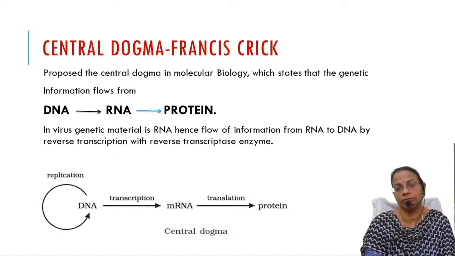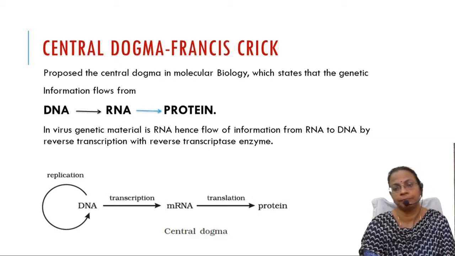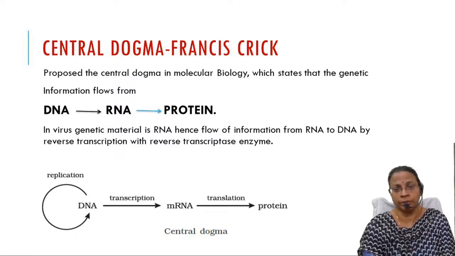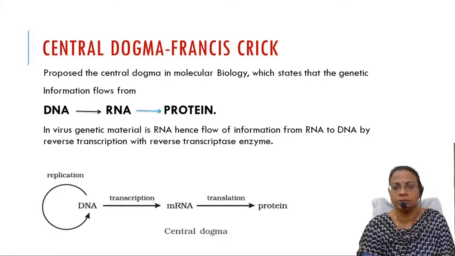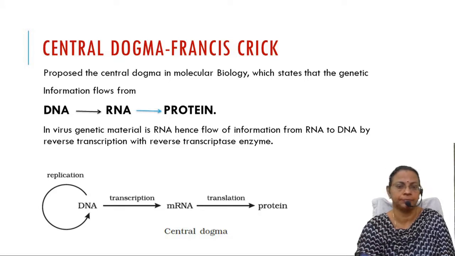This messenger RNA is transported from the nucleus into the cytoplasm. As per the instructions, the base sequences in the mRNA, the amino acid assembly takes place, leading to protein synthesis, which can be expressed either in the form of an enzyme or in the form of a particular type of trait.